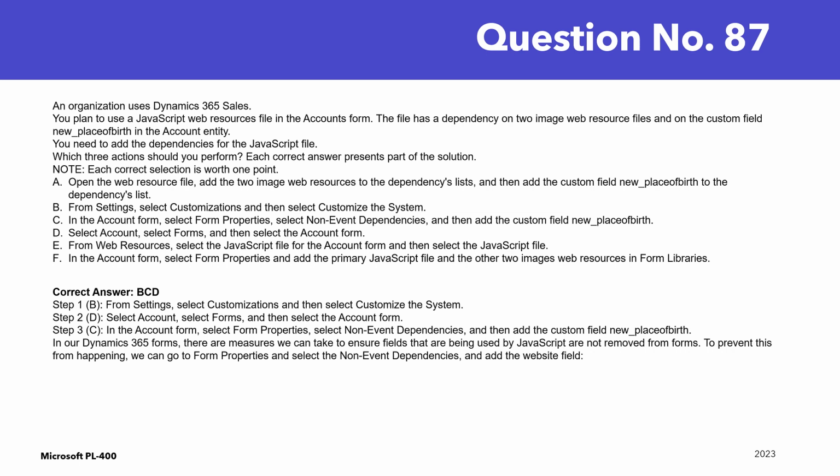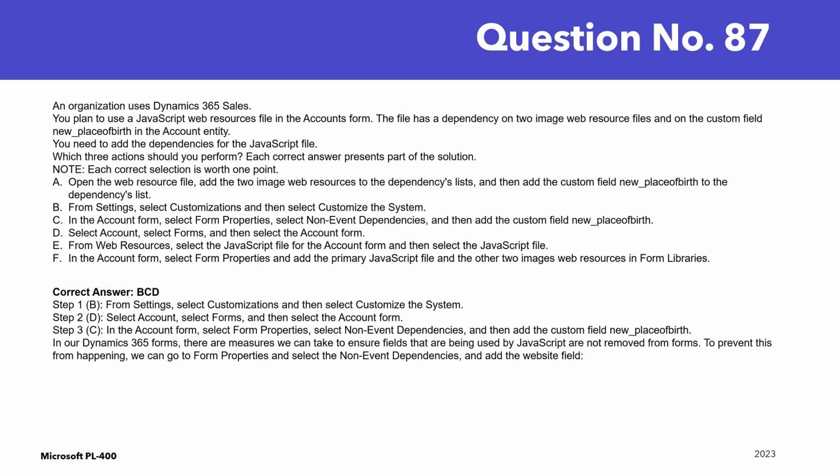A. Open the web resource file, add the two image web resources to the dependencies lists, and then add the custom field new_yearofbirth to the dependencies list. B. From settings, select customizations and then select customize the system. C. In the account form, select form properties, select non-event dependencies, and then add the custom field new_yearofbirth.